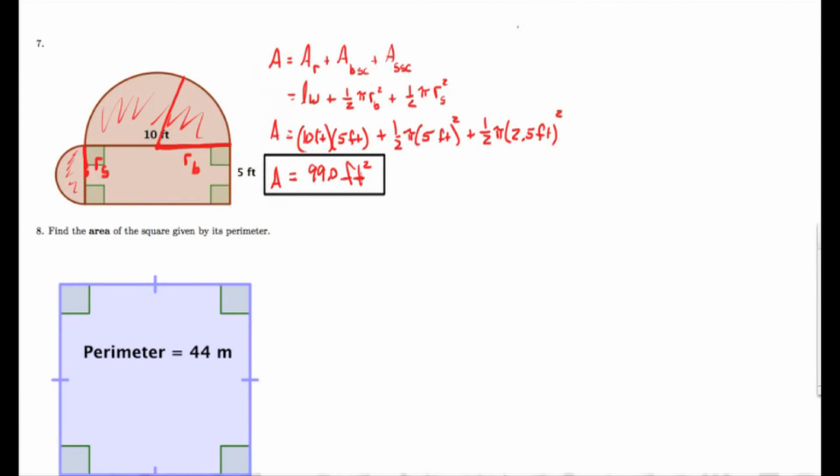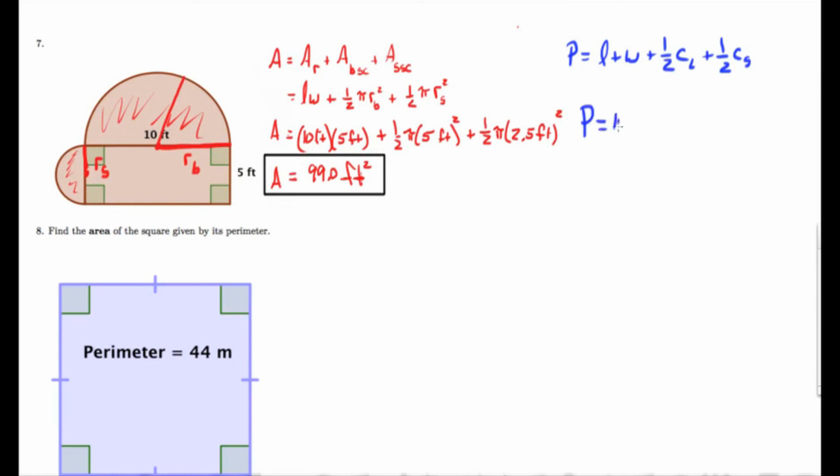So the perimeter is going to be this side of my rectangle, this side of my rectangle, this half of the circle's circumference, and this half the smaller circle's circumference. Okay, so perimeter is going to be 1 length plus 1 width plus half the circumference of the large semicircle and half the circumference of the small semicircle.